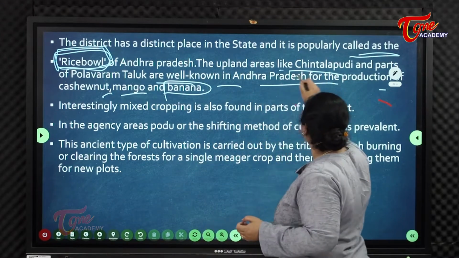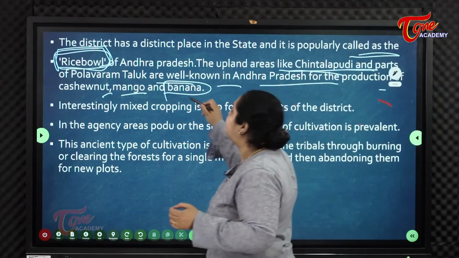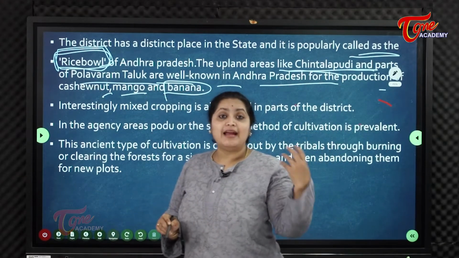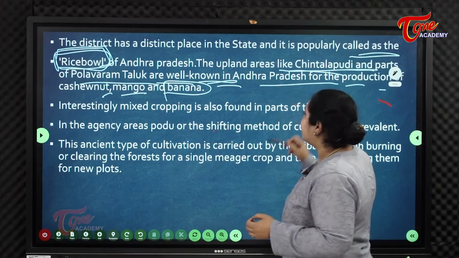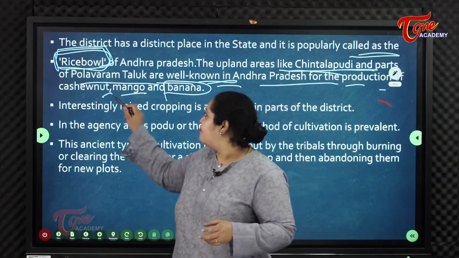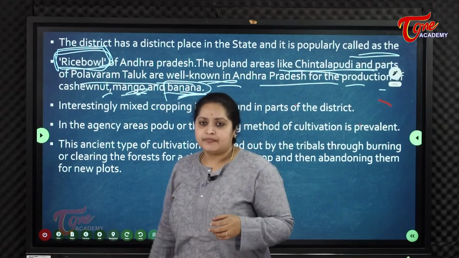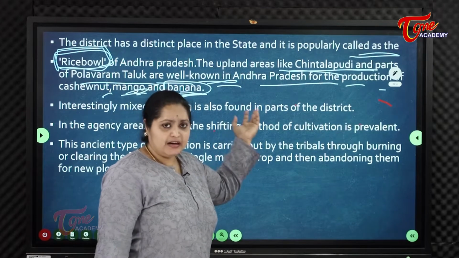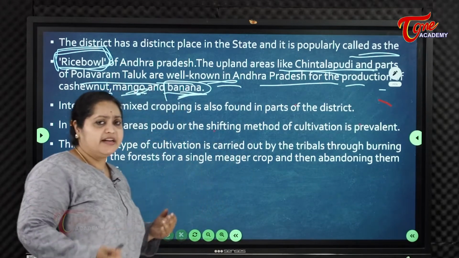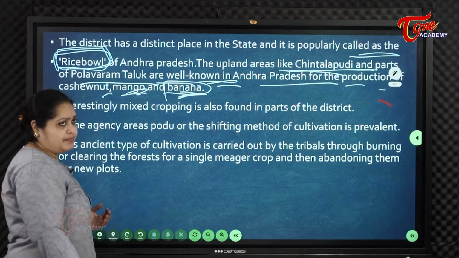So the upland areas of Chintalpudi and parts of Polavaram Taluka come under the upland areas of West Godavari. These are famous for production of what? Cashew nut, mango and banana. In these upland areas, these three crops are grown well.